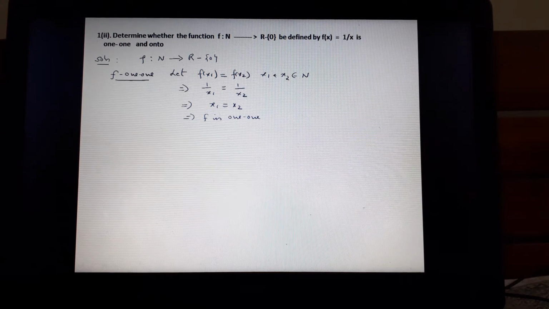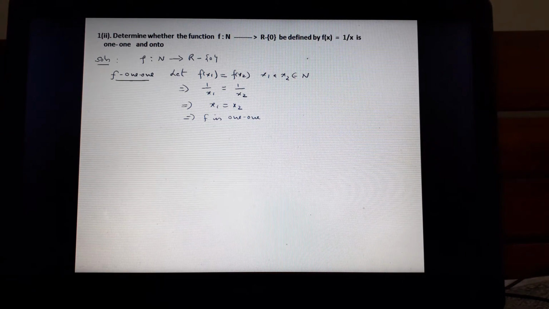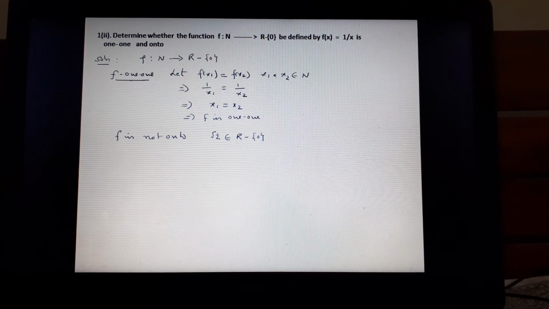Now the second question is whether it is onto. So f is not onto. For example, you see root 2 belongs to R minus 0, and if f is onto, this root 2 should have a pre-image here. Now f of x equal to root 2 implies 1 by x equal to root 2.